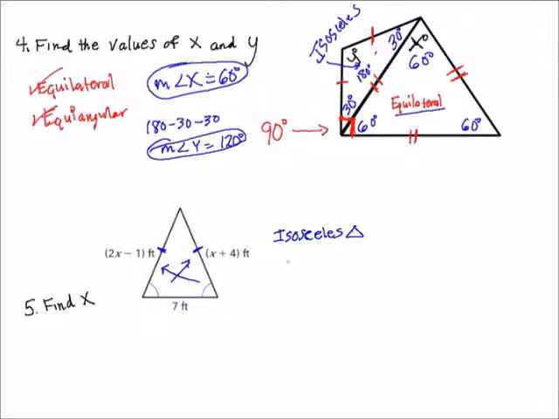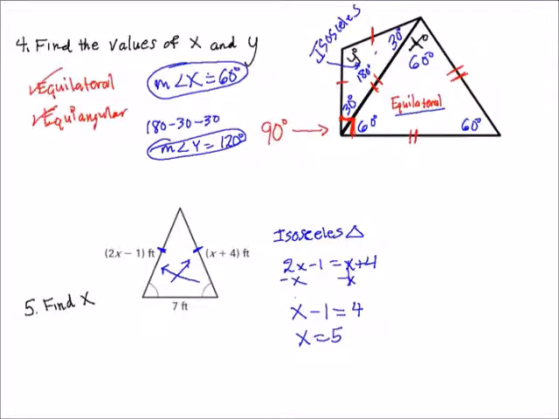If we have an isosceles triangle, then 2x minus 1 is equal to x plus 4. Use your algebra 1 skills, subtract x on both sides, and I have x minus 1 equals 4. So I have x equals 5.